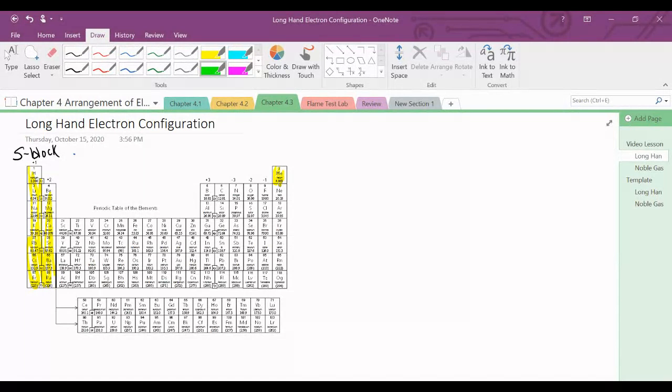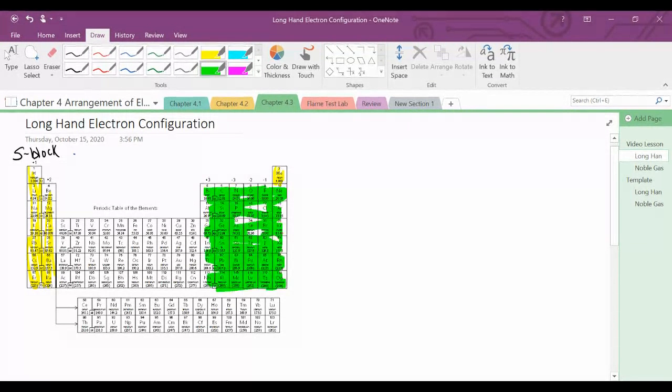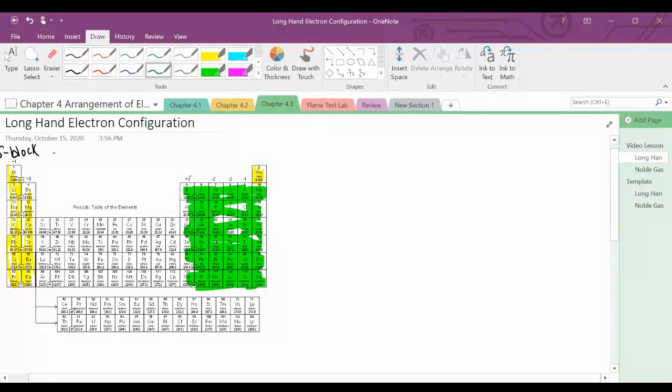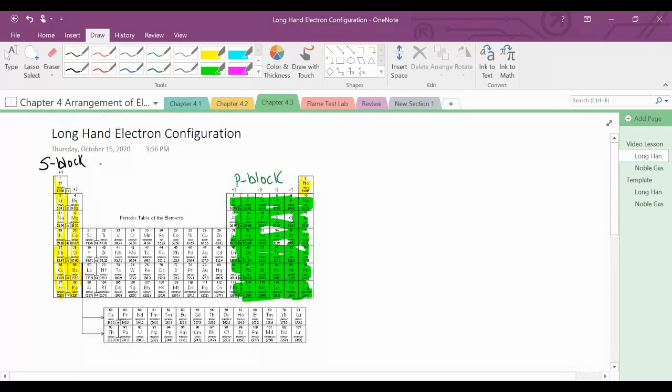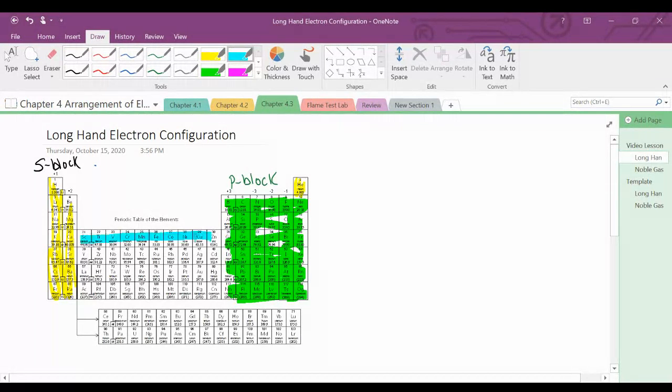Groups 13 through 18 here make up the P block. In the center, the transition metals make up the D block.